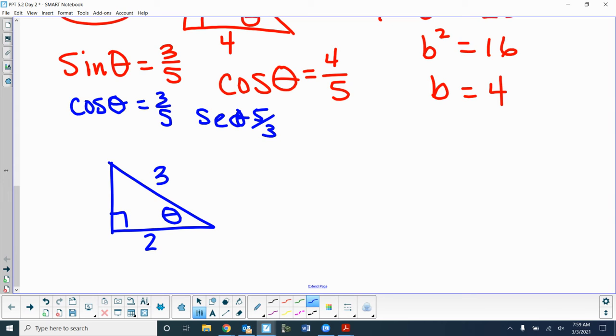So you have to find, 3 squared is 9 minus 2 squared, 4, equals 5. So this would be the square root of 5. And then the problem you're supposed to answer is tangent of theta. So opposite square root of 5 over adjacent 2.